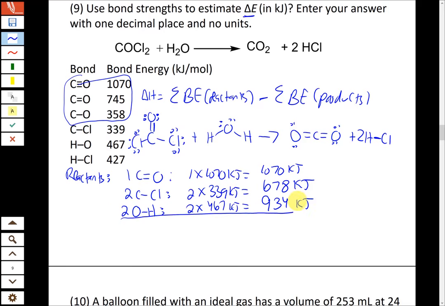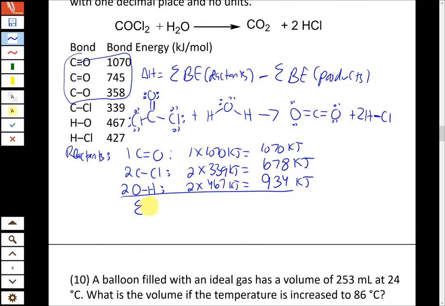And so the sum on the reactant side, add those numbers together. Give me a second. If somebody beats me, let me know. Shout it out. So I got 2,682. If anybody gets something different, let me know because I'm doing this on the fly right now.